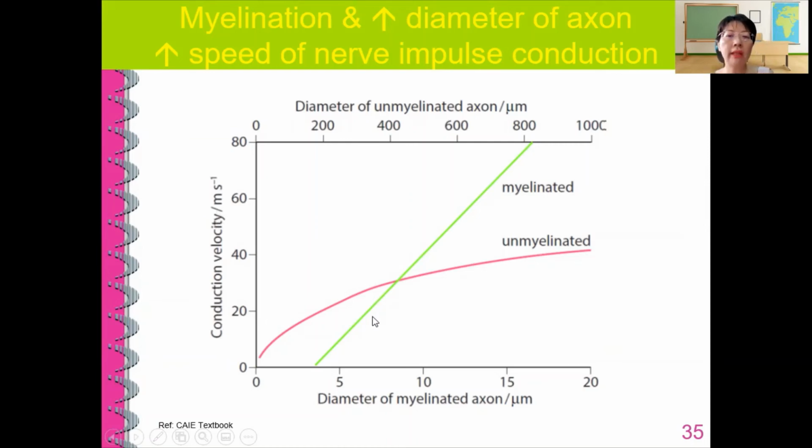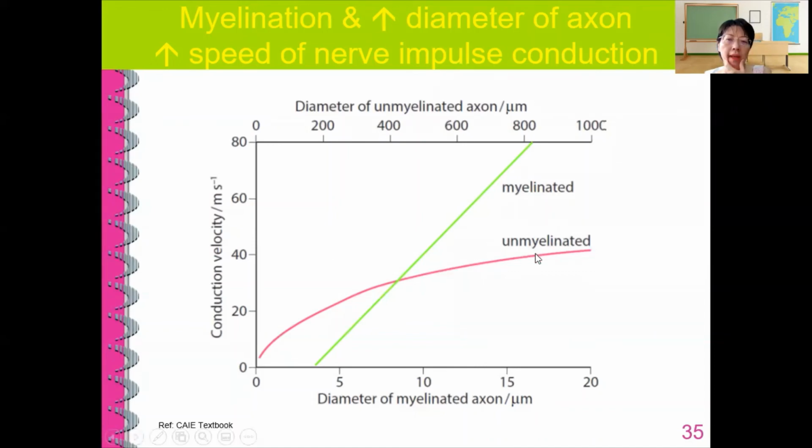Okay, so you can see that for both of them, when the diameter increases, the speed of conduction also increases, correct? Okay, and also you notice that for unmyelinated neuron, right, the speed of conduction is always lower than, no, actually not true.